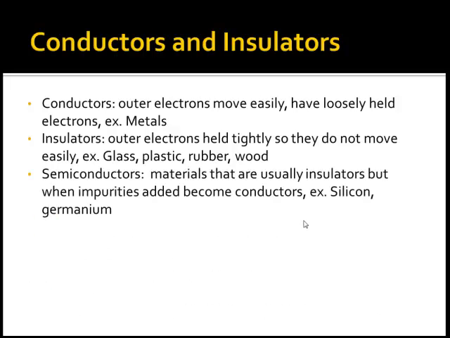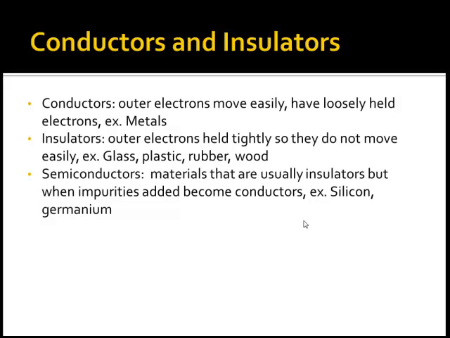Semiconductors are materials that are insulators most of the time, but they have impurities in them which allow them to act like conductors. For instance, silicon, which most of our electronics have in the form of silicon chips. Your computers do, your smartphones do, and under certain conditions, or when they have certain impurities in them, they become conductors.